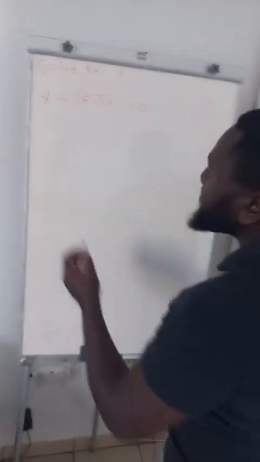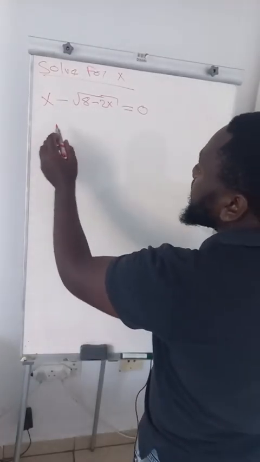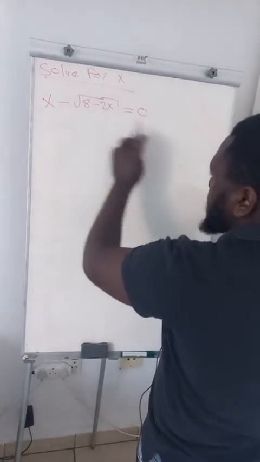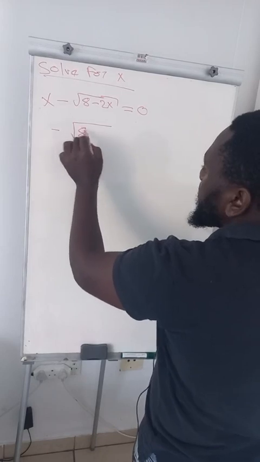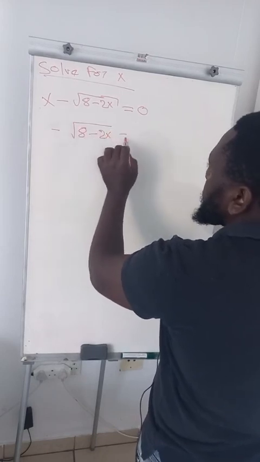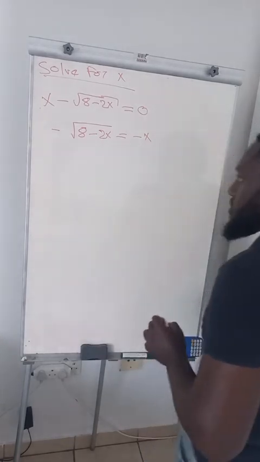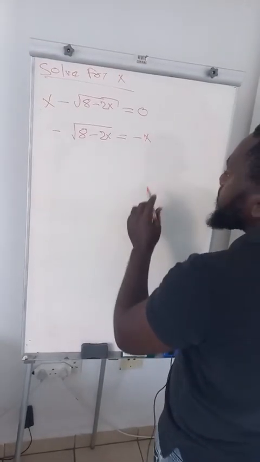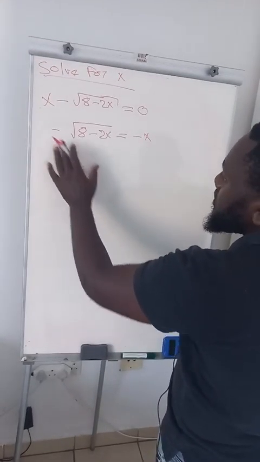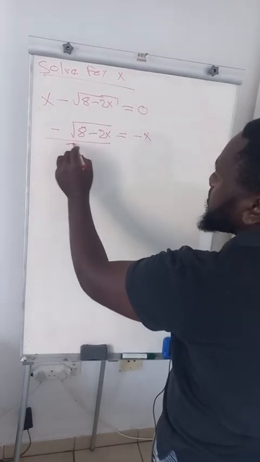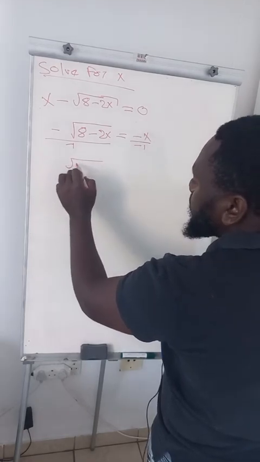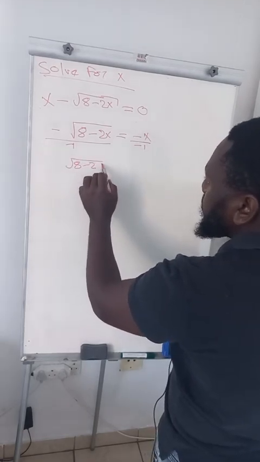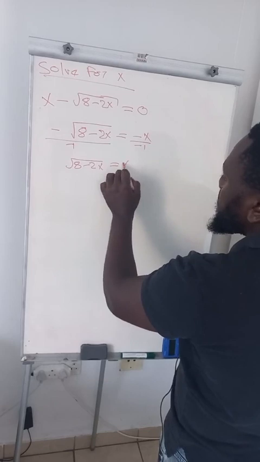So now let's solve. Once you get this, you take the x to the right hand side. You'll have the square root of 8 minus 2x is equal to negative x. Now divide both sides by negative, so this will be the square root of 8 minus 2x is equal to x. Now remove the square root.